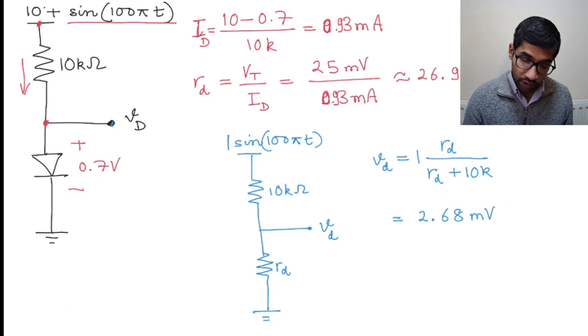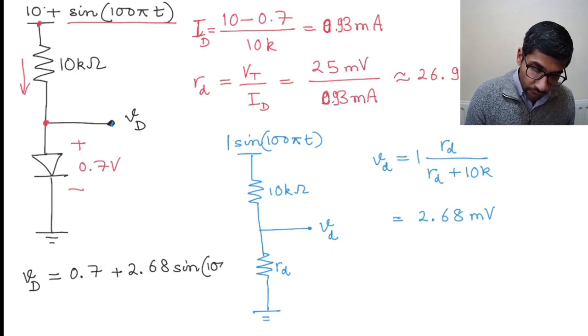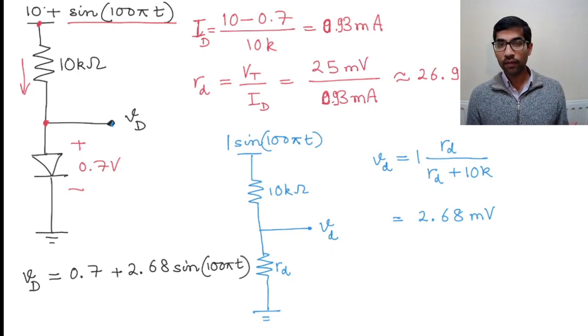So the total voltage is, let me write it here, my total diode voltage equals 0.7 plus 2.68 sine 100 pi t. Hopefully that makes sense. And this kind of circuit is something like a voltage regulator.